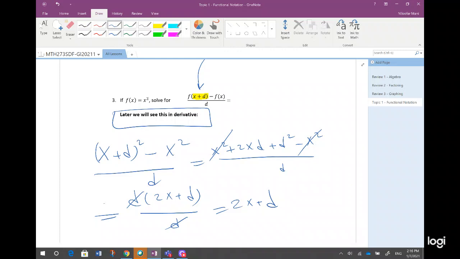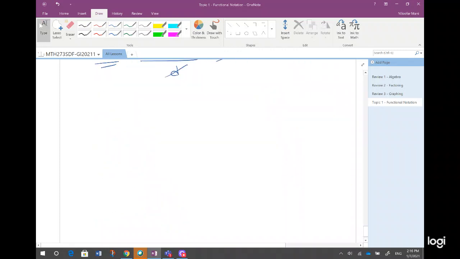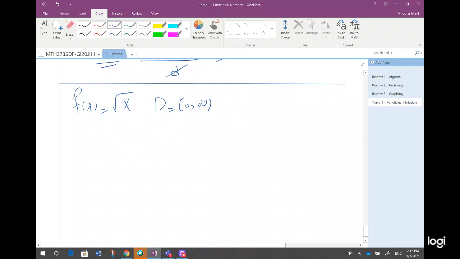Maybe I can do another example here, for example about domain. If I have f of x equal radical x, you know the domain is just from 0 to infinity, because I cannot use negative. I told you domain is what you can use for x, and range is the result when you use the domain.